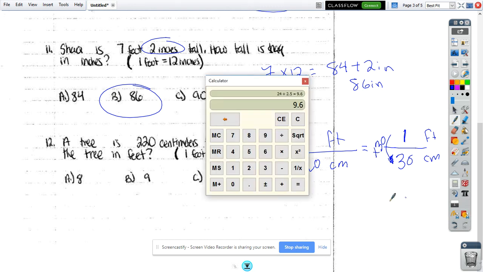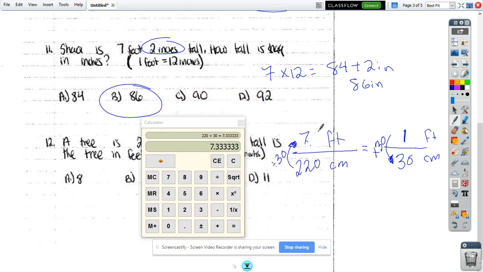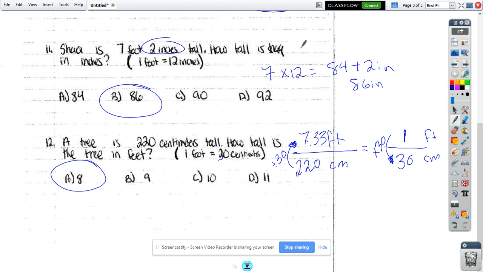And then I can do 220 divided by 30, and we get 7.3. You could round that to about 8, but that's not an exact solution. A better solution would have been around 7, would have been to round that.